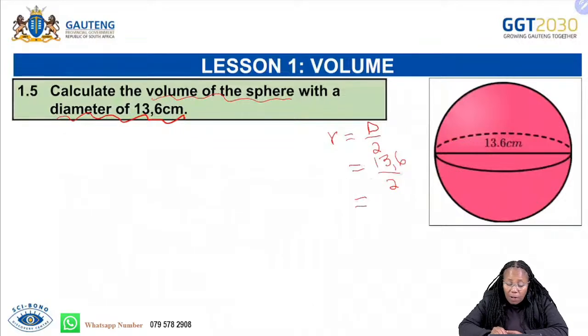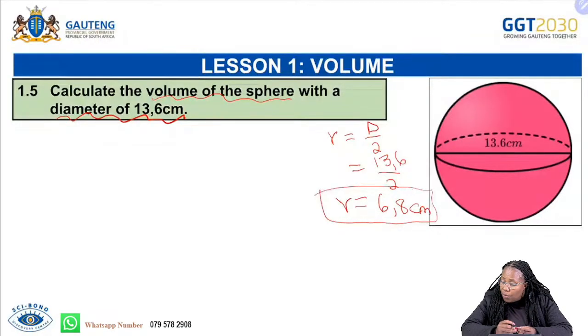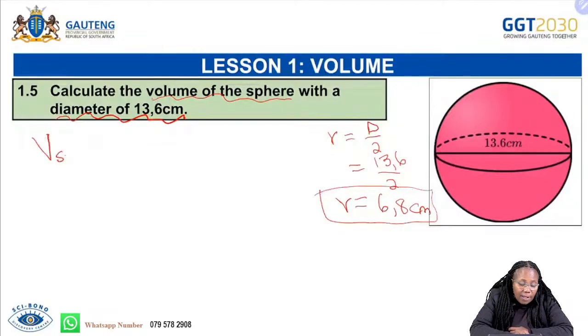And then this will be how much, grade 12? 2 into 13 is 6 times, comma, into 16, 8 times. That is 6,8 centimeters. That is the radius for this particular sphere. And then now when you calculate the volume of this, remember the volume of a sphere. What is the correct formula, grade 12?